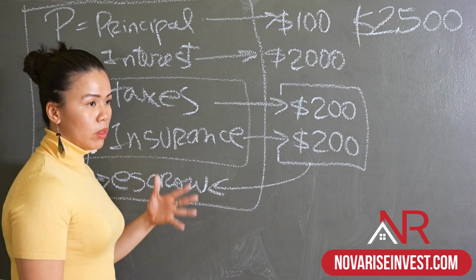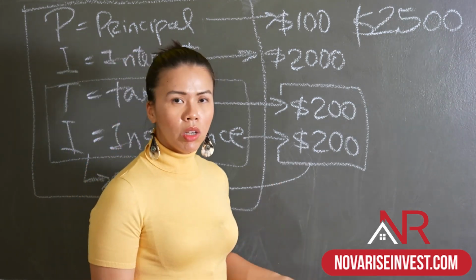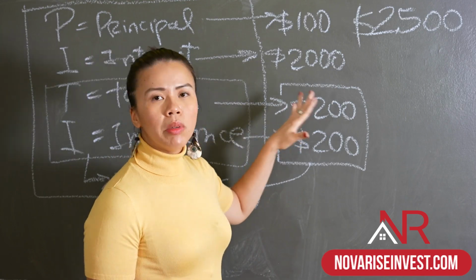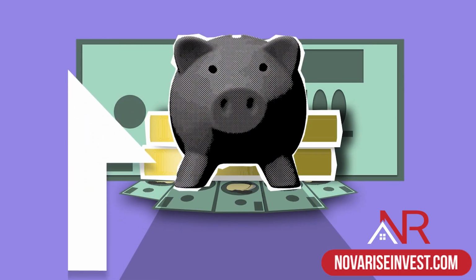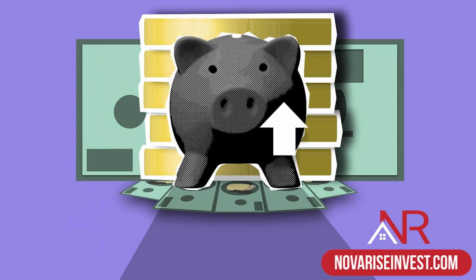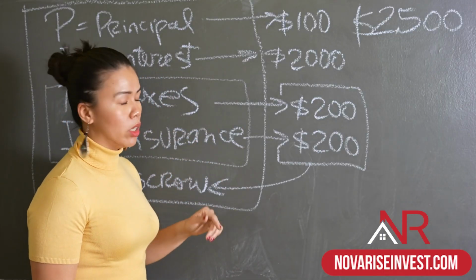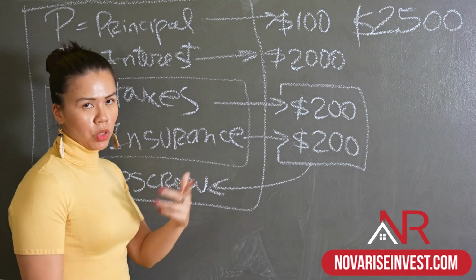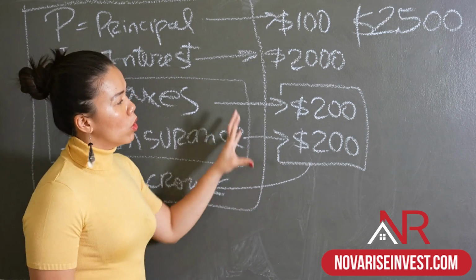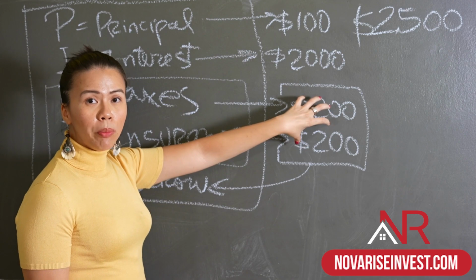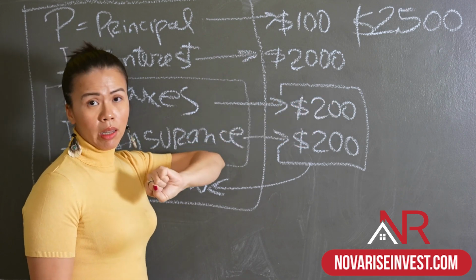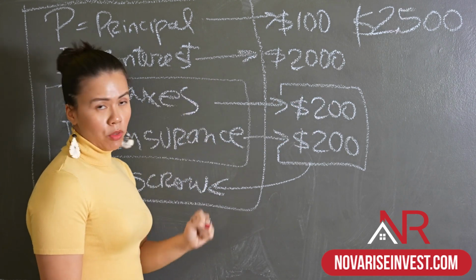The escrow account doesn't gain any interest whatsoever. It just has money sitting in there, and it's your money. So when it comes time to pay your property taxes, usually at the end of the year, or your insurance, which happens once a year, they will go to your piggy bank, your escrow account, and take that money and pay for the taxes and the insurance.